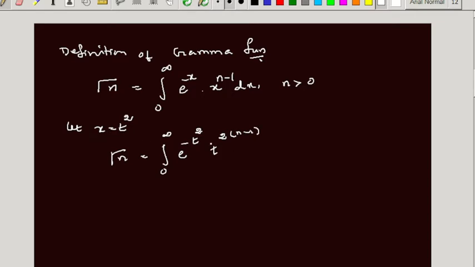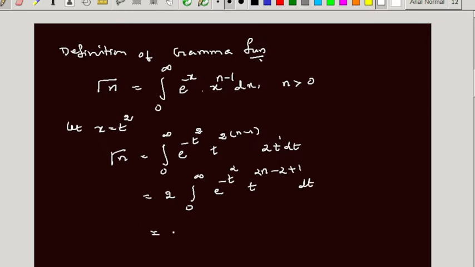The differentiation of this one is 2t into dt. So 2 is taken out, 0 to infinity, e power minus t square. If we add the powers, we get t power 2n minus 2, and here t power 1 is there, plus 1, dt.